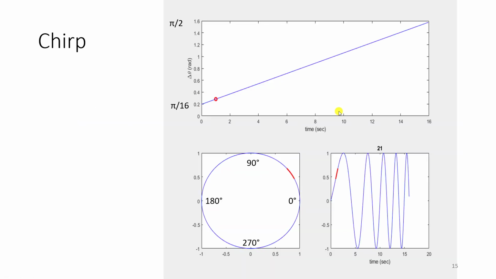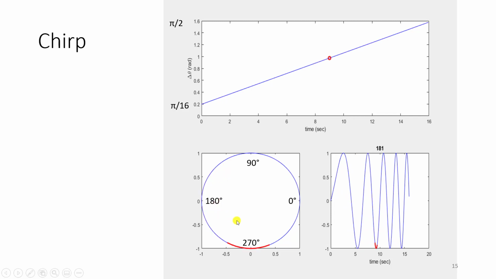To see this implemented, what we have here is that we've started at the small step size. So once this loops back around, we'll see that when we start at the small step size and slowly increase our step size, what's happening is we're increasing the frequency of the sine wave.